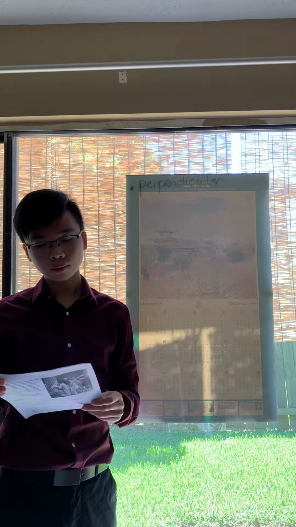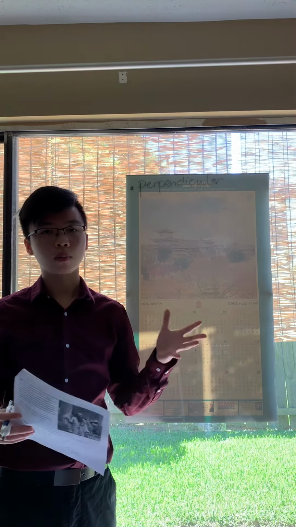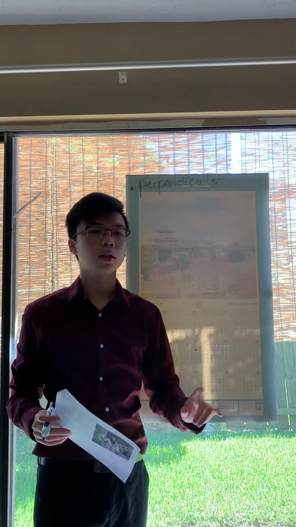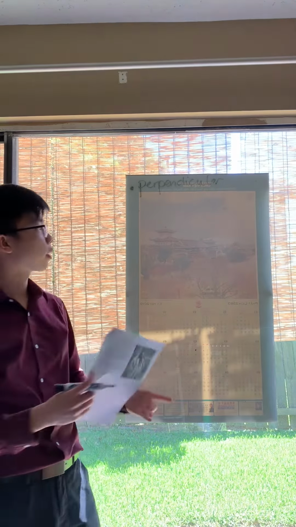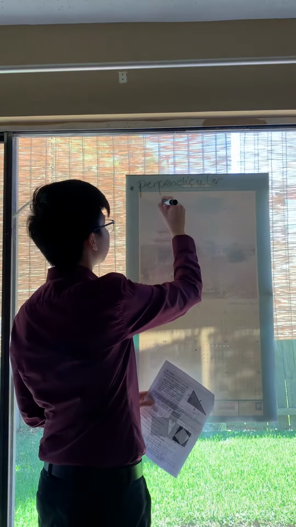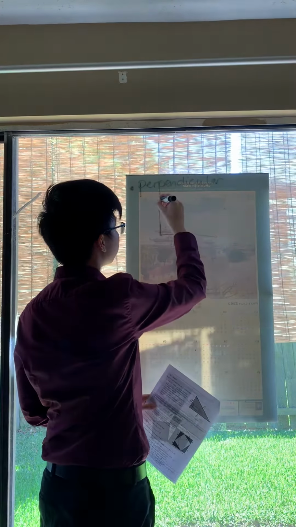All right, the 2 legs may or may not be equal to each other. Most of the time, they're usually of different lengths, okay? But you are going to see certain cases where they have the same length. All right, and the longest side, let me draw the right triangle out.